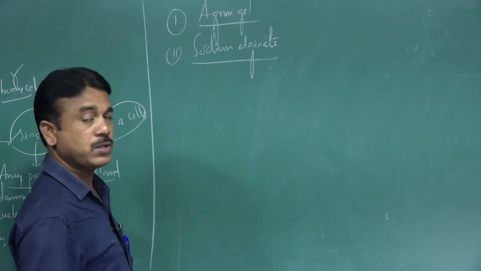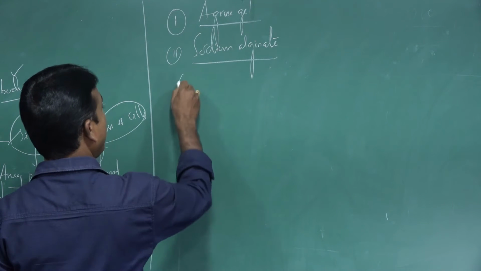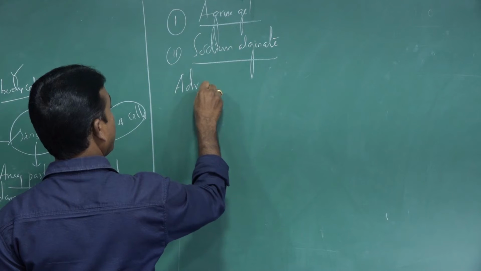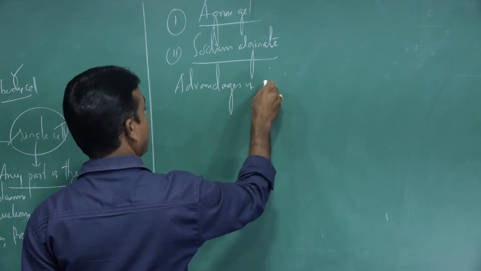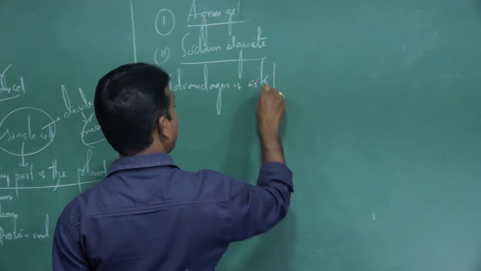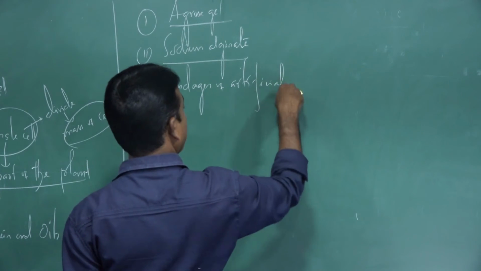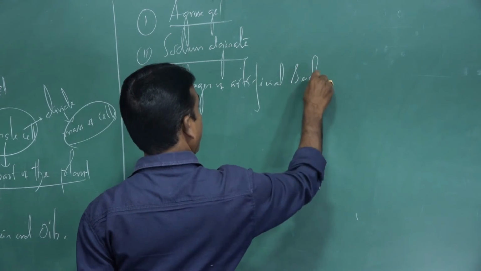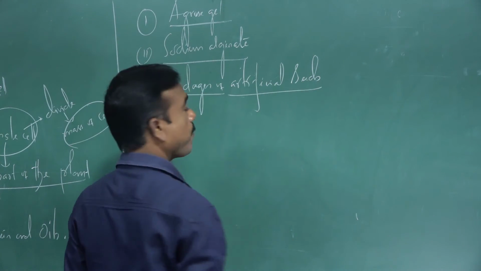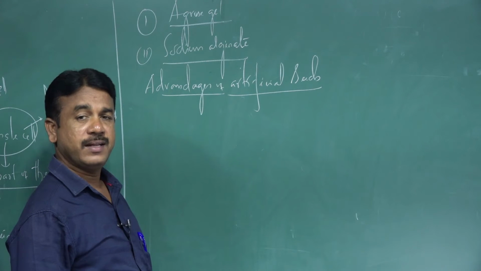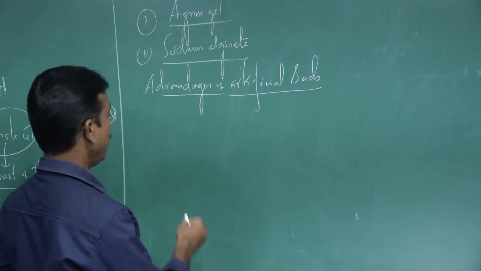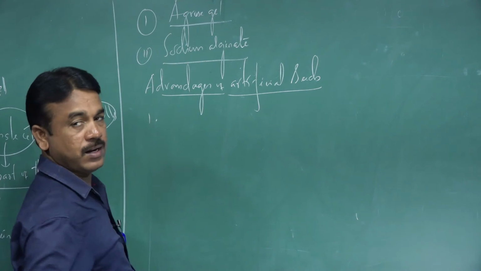Those two are generally used for the manufacture of artificial seeds. Next, let me discuss the advantages of artificial seed. There are many advantages of artificial seed over true seeds. What is the first advantage?